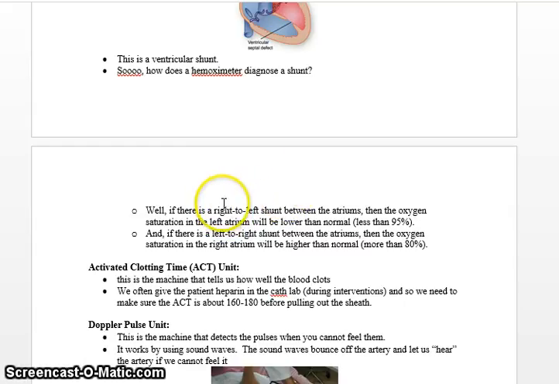So if it's moving from right to left, that means the deoxygenated blood is moving to the oxygenated side, which would taint the normal reading. And if there is a left to right shunt between the atriums, then the oxygen saturation in the right atrium will be higher than normal, so more than 80%. So that is how a hemoximeter diagnoses a shunt.